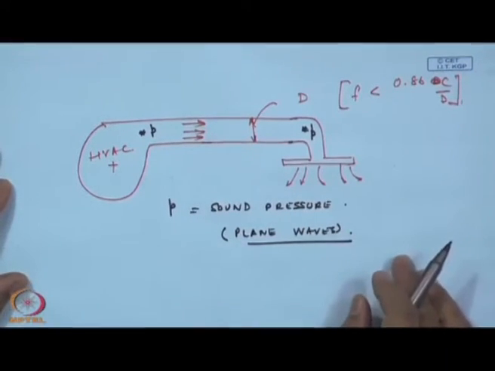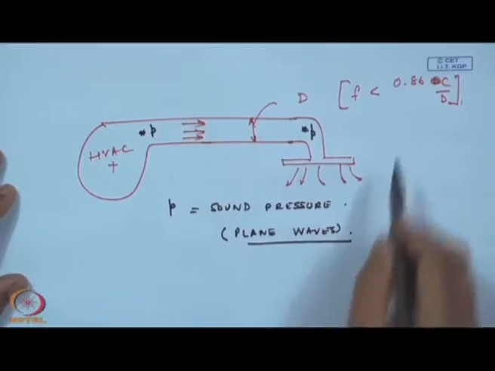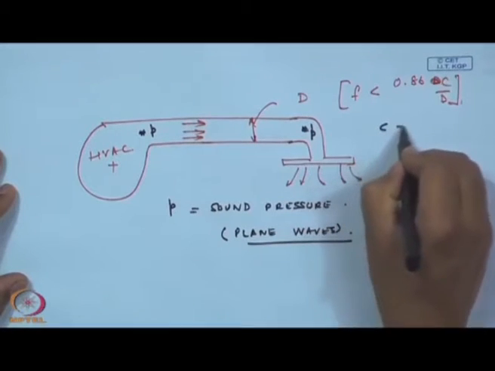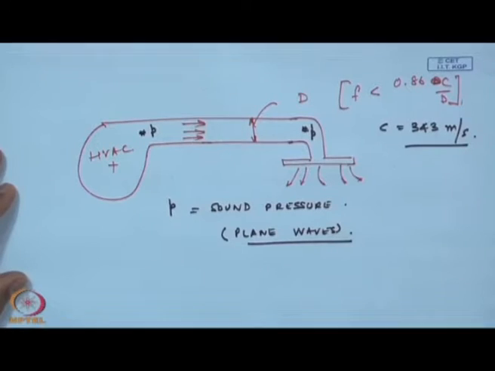The reason I told you about this problem is that many times in industry we will come across such scenarios where noise is generated at one end and we have to estimate the sound pressure level at the other end. By just measuring the diameter, we can ensure that these equations are obeyed, where c is the speed of sound in air at 20 degrees Celsius.